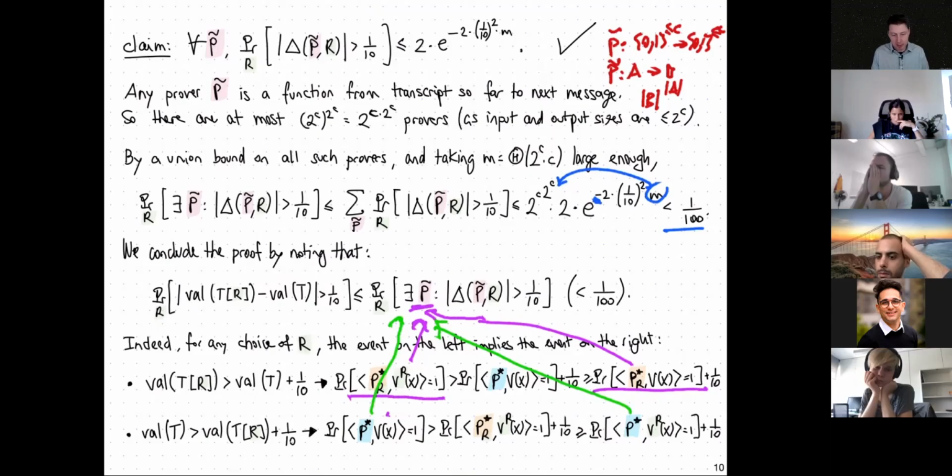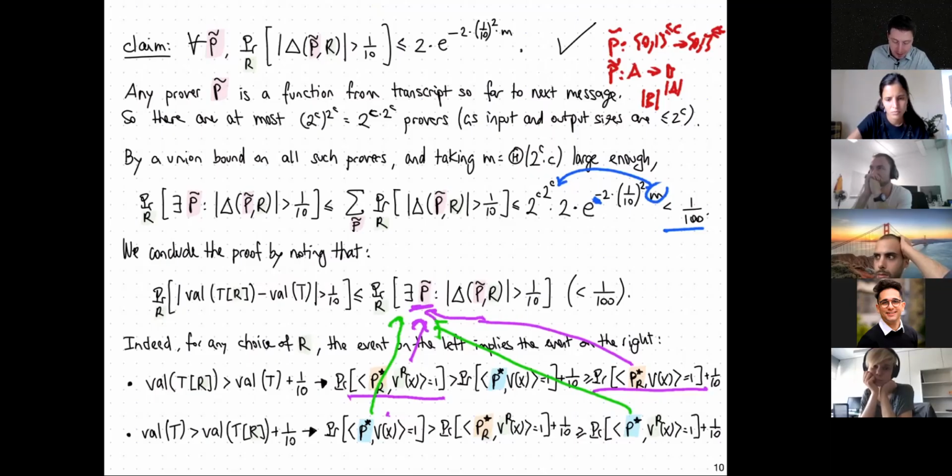Any questions about this? We've finished proving theorem 2. I've tried to make everything absolutely explicit in the slides so that you can verify these things offline. What was M again? M was the number of representative random strings for the verifier that we used to define the residual tree.